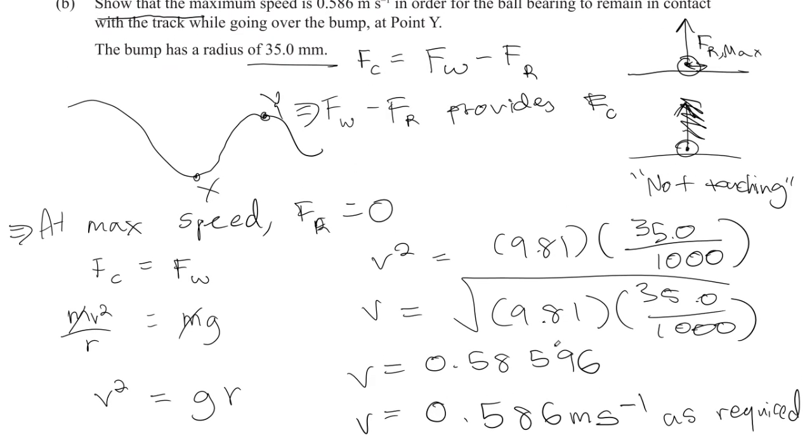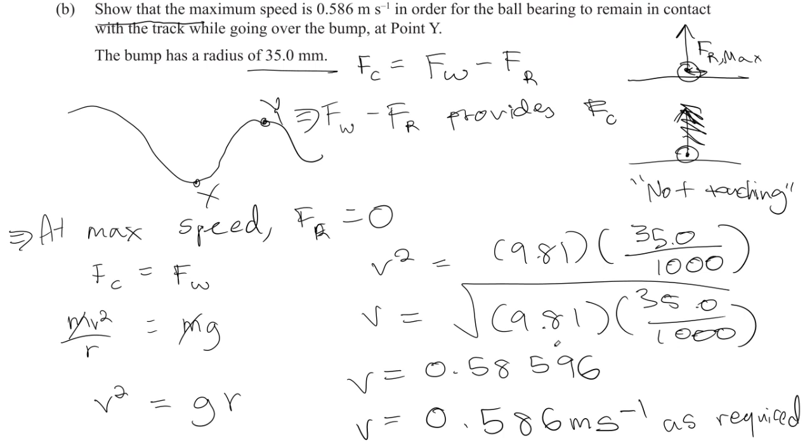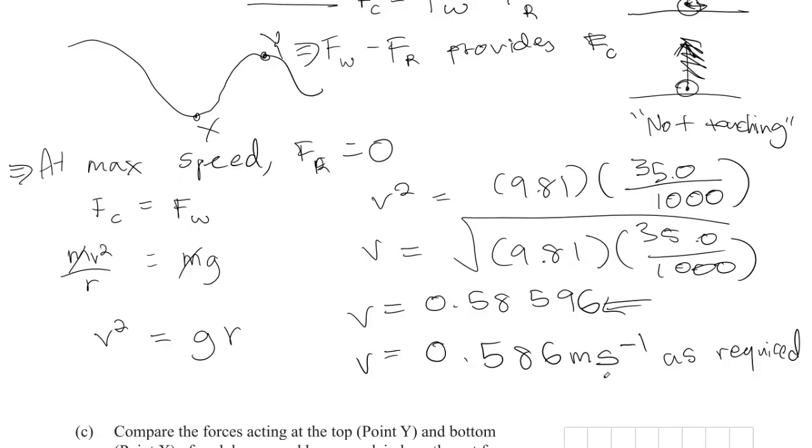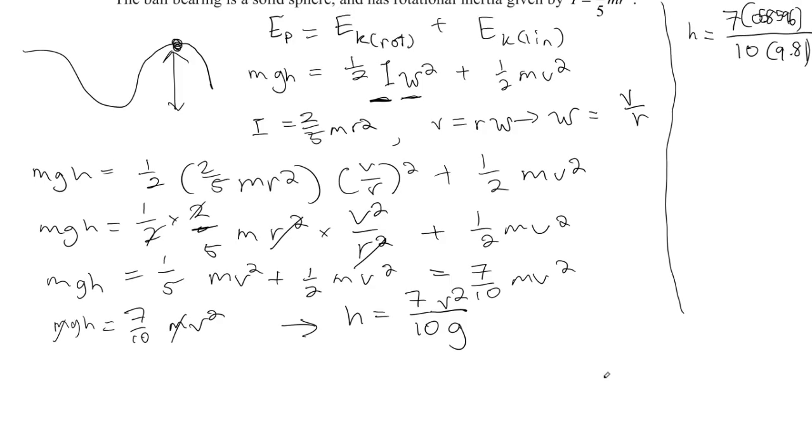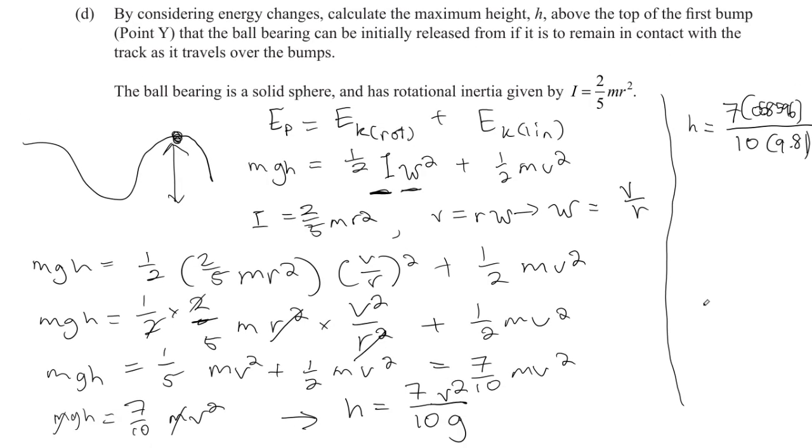For the working, we always use the unrounded version. It doesn't really matter how much you unround it to, but try to get this value to as many significant figures as possible so that your answer over here can be more reliable.